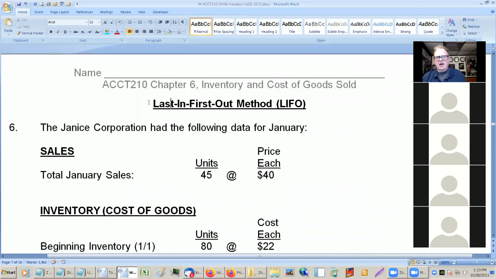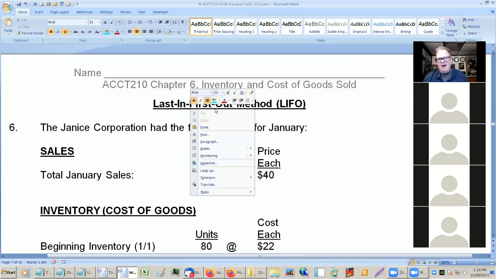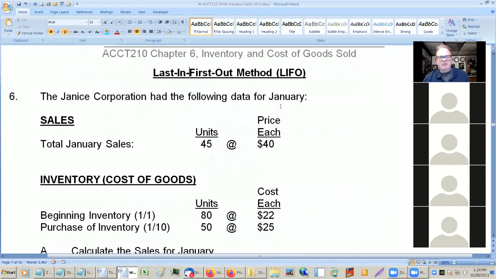I'll tell you a little bit about what last in, first out is. It assumes that the last one in is the first one sold. And right now you're probably saying, how did they come up with that? It's not even possible, right?